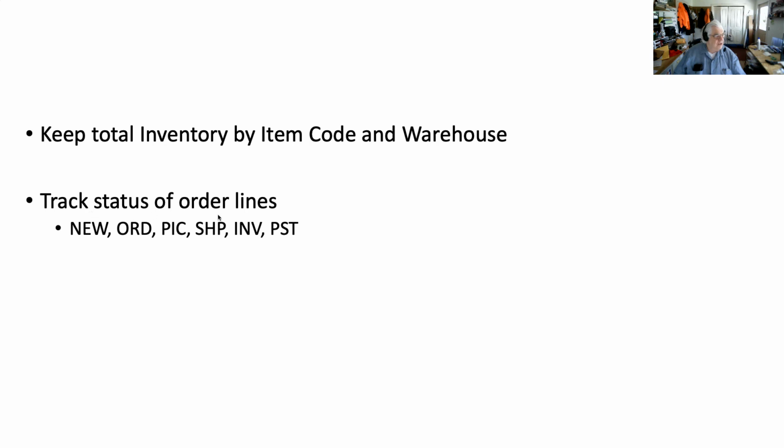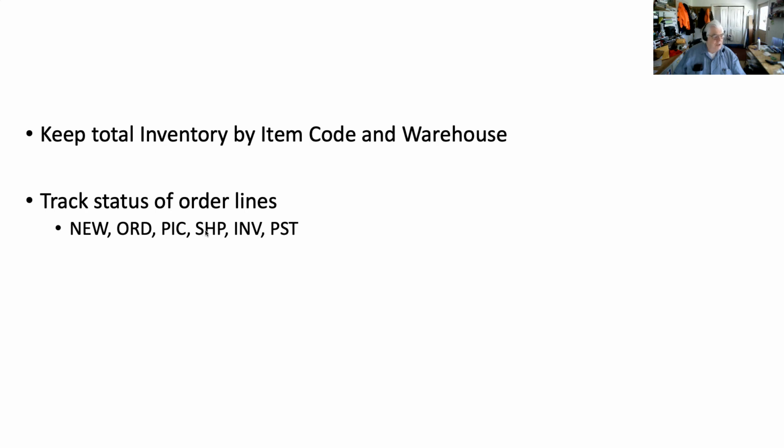So as you track the status of order lines, you not only have to worry about begin work and commit work, but you need to think through what have I actually done at the point where I mark it to ORD stage? Do I want to change the inventory in the warehouse at that point, or do I want to have some way to calculate the available inventory but not physically change the inventory?